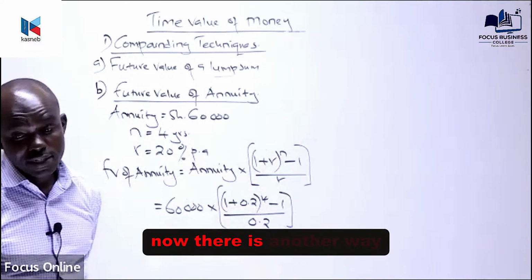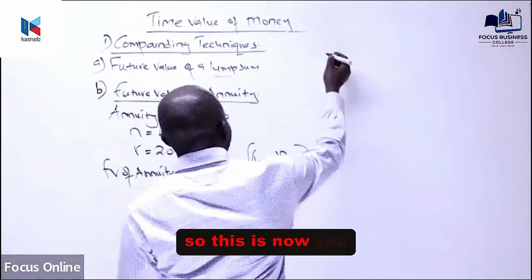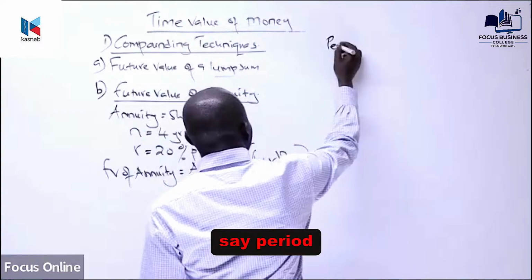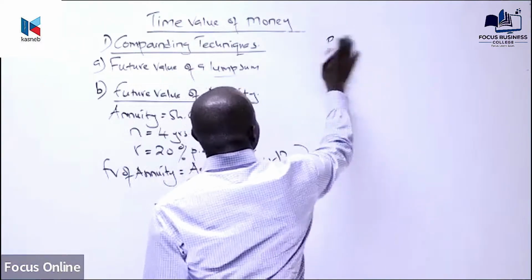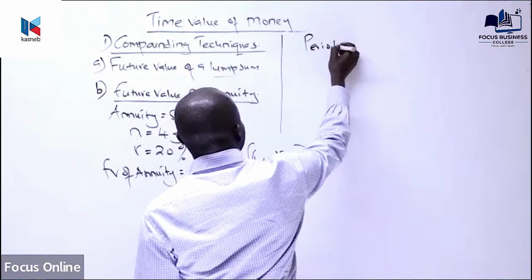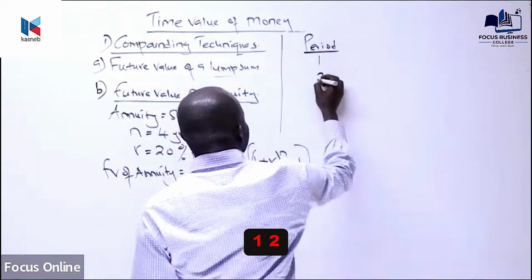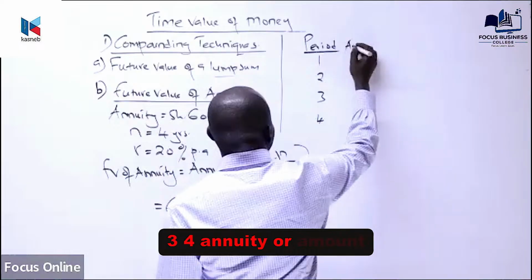Now, there is another way of doing this question. So here you say period 1, 2, 3, 4, and annuity or amount.